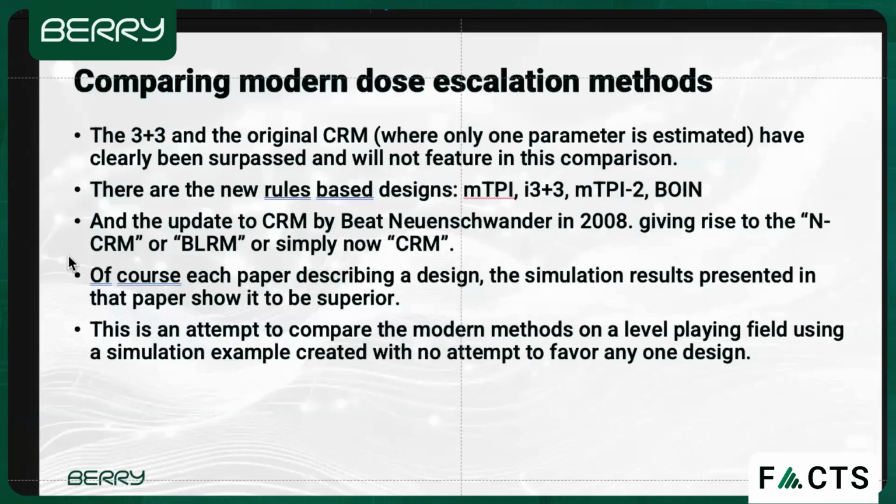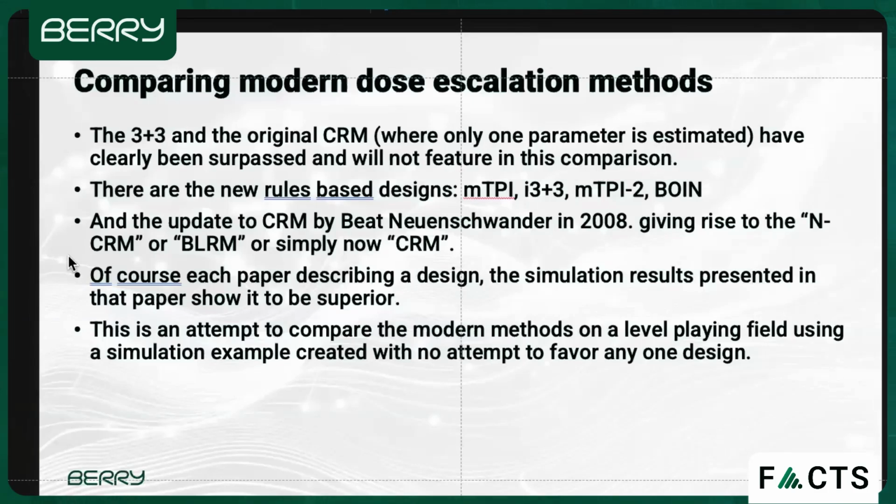called MTPI, I3+3, MTPI2, and BOIN. And also, I'll be comparing them to the updated CRM, the thing we've had in FACTS for many years now, which based on the work of Beat Neuenschwander, we in fact called the NCRM. I'm not sure how well that name caught on.